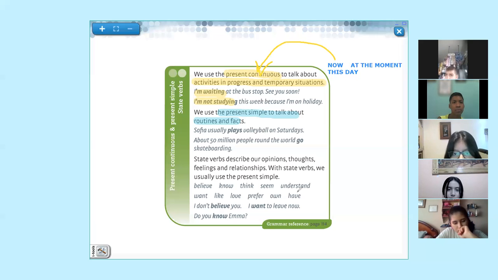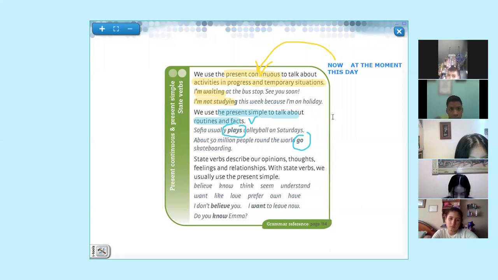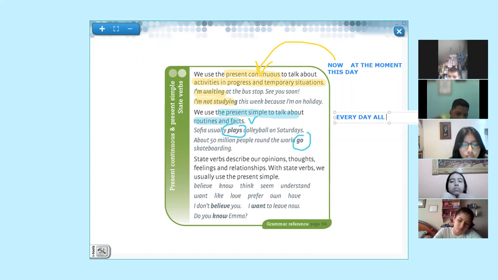But what happens when you are talking about the simple present tense? Because it's a routine, it's a fact that you are doing. What are the expressions for the present simple? Every day, all the time, all days.